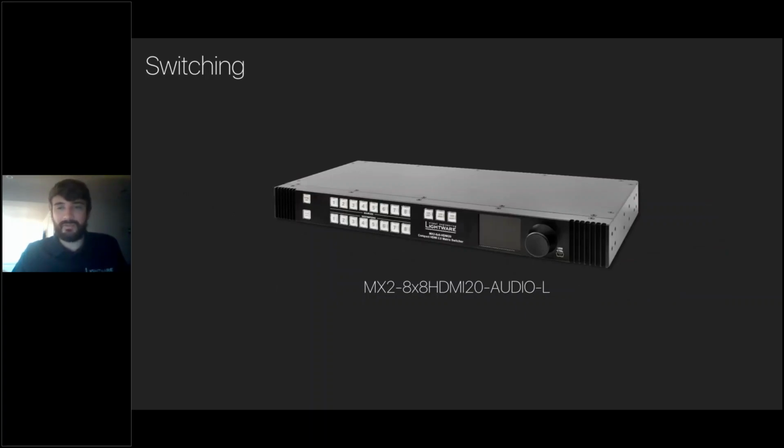We actually have larger frames as well, 16x16, 24x24, 32x32, and now 48x48. So we've got a whole range of different options with switching, some with just HDMI 2.0, some with DisplayPort 1.2. If you've got any questions about that, feel free to get in touch.